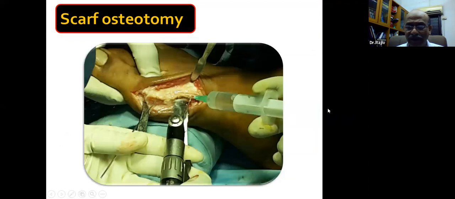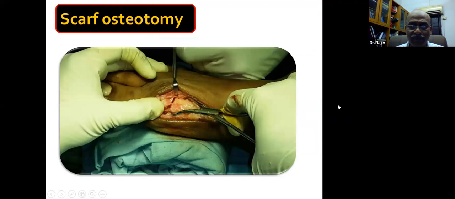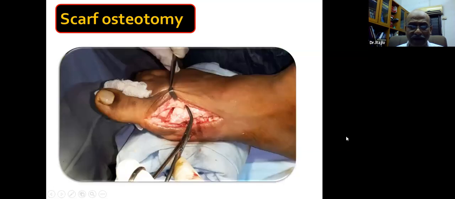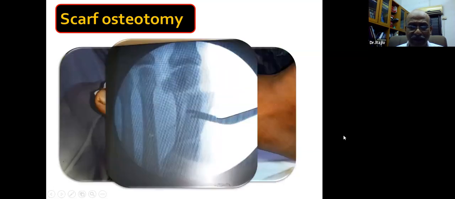Osteotomy is done with the mini bar and pen, and then you are translating the fragment. You're pulling the proximal fragment medially, pushing the distal fragment laterally. So shifting has been done.